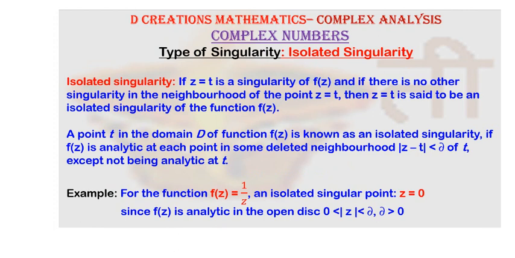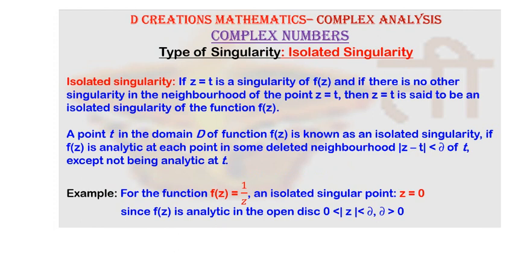So the most typical example is of the function f of z is equal to 1 by z. So here, the moment you see it, you realize that it has an isolated singular point, which is z is equal to 0. Because if you consider an open disk, so when you consider say delta neighborhood of z, then f of z is going to be analytic in mod z lying between 0 and delta.